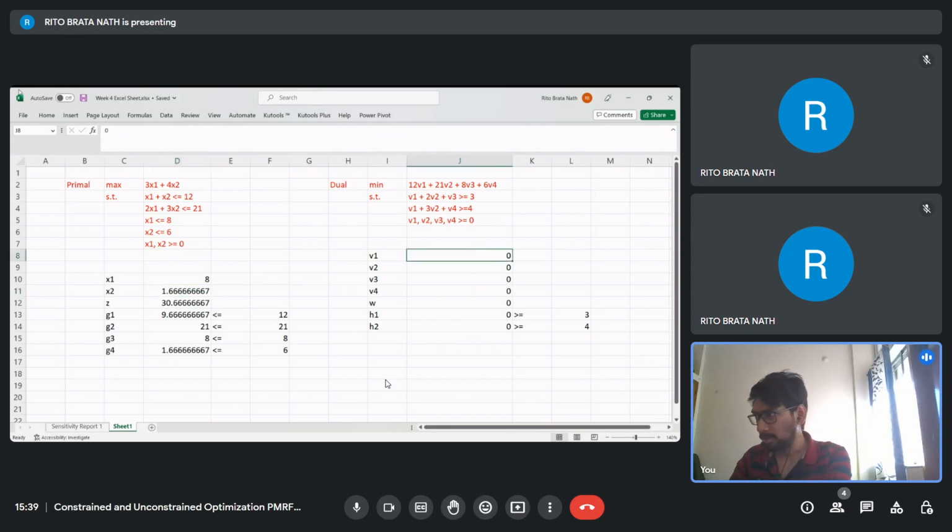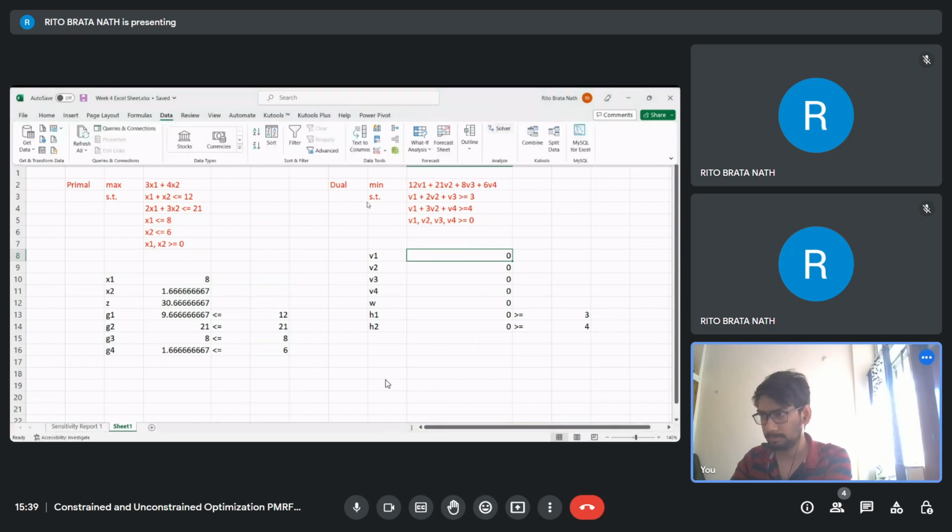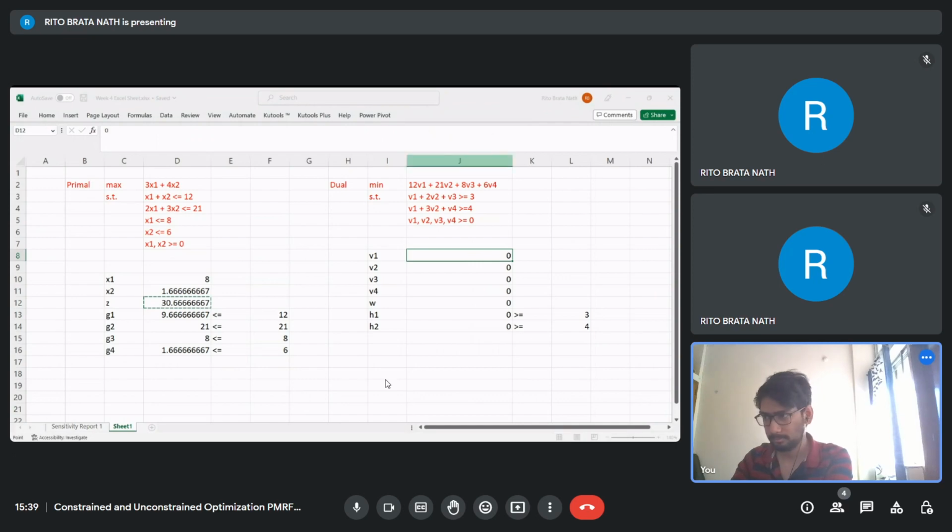So let's open Solver again. Let's change everything here. Now you're minimizing W, by changing the cells. So these are the 4 cells you have to pick.